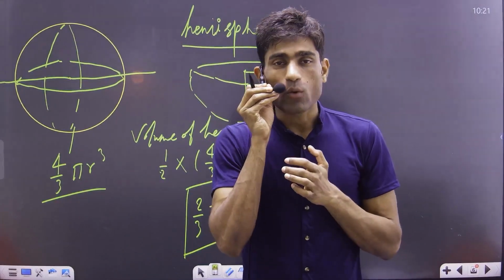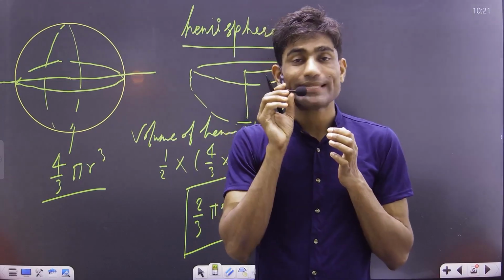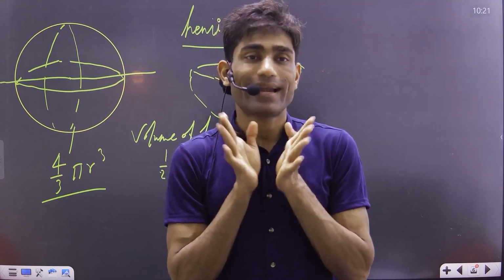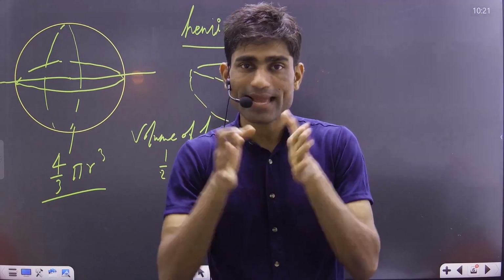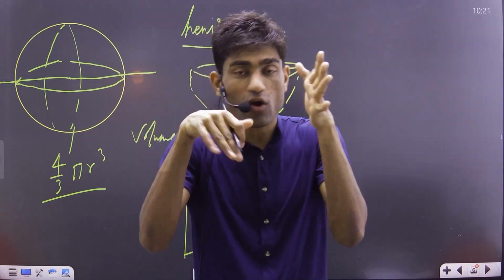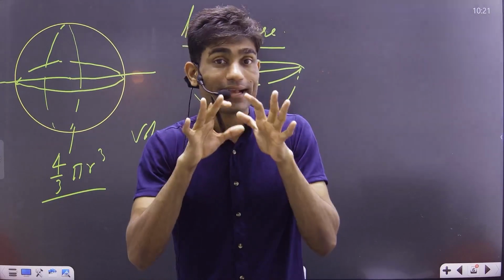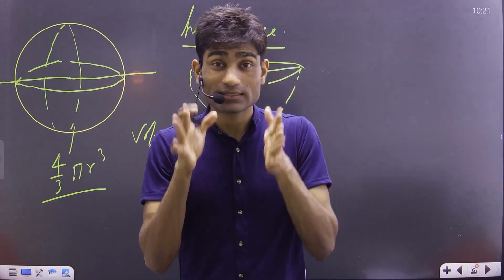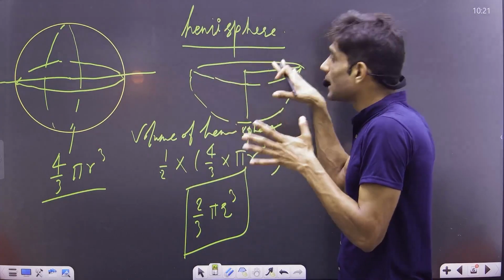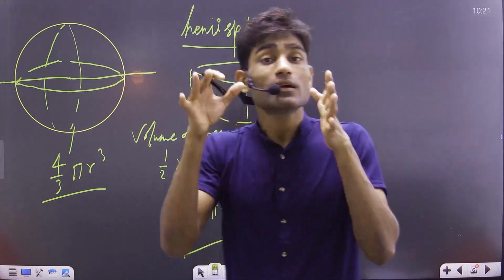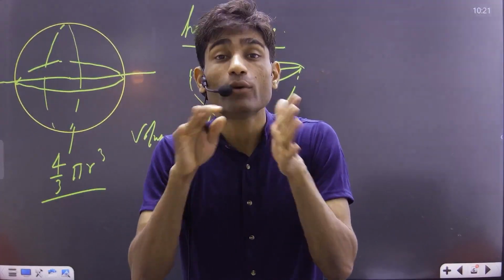Now what about total surface area, curved surface area, lateral surface area? Are total surface area, curved surface area and lateral surface area all equal in the case of a hemisphere? No, exactly no. Total surface area for a hemisphere and curved or lateral surface area, they are never equal.